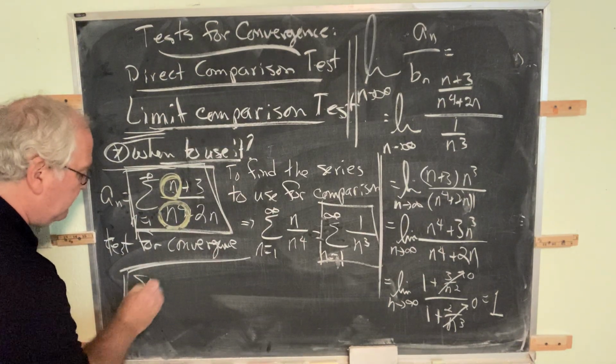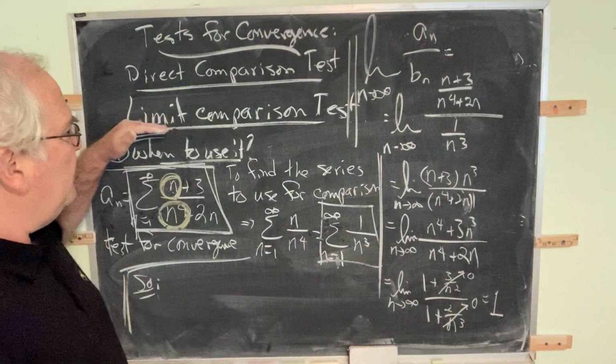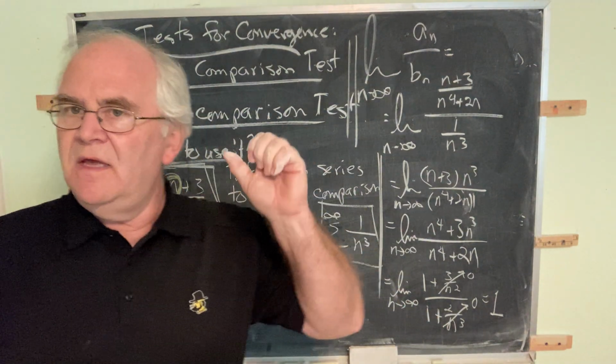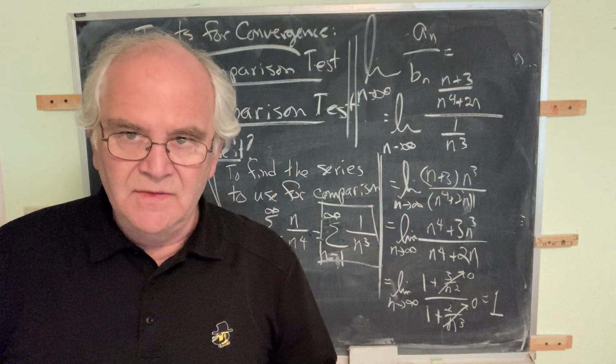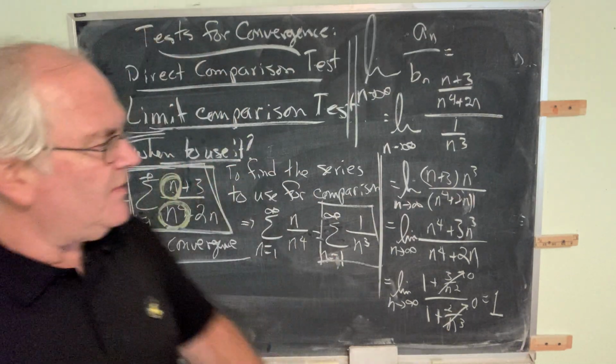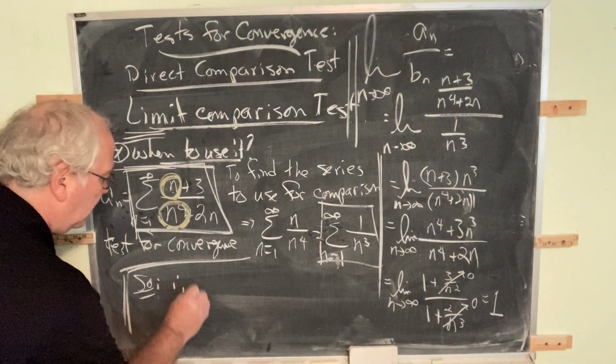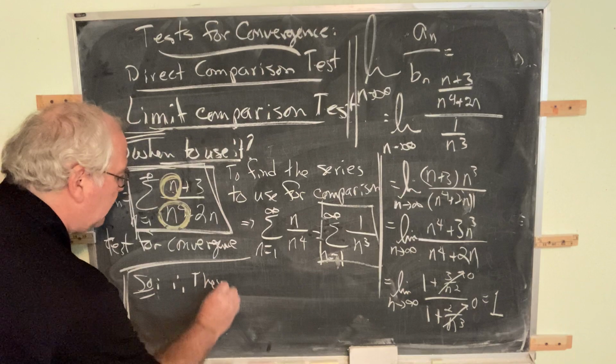And so I'm going to steal some space over here. So what do we conclude? Remember, the limit comparison test conclusion is not that it converges. The conclusion is not that it diverges. The conclusion is, therefore, they agree.